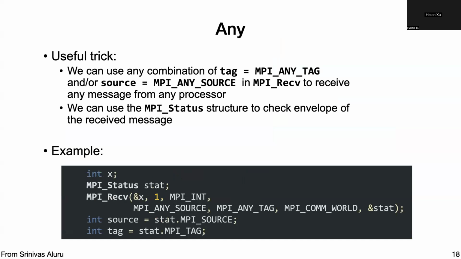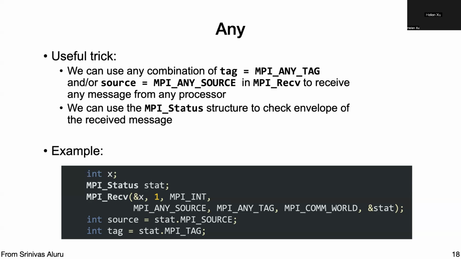If you don't care about the tag, you can use MPI any tag. There's also a corresponding MPI any source. So if you don't necessarily know where your message is coming from, you can pass in any source to receive from any other processor. And you can use MPI status to check the received message. This is status, and you pass it in as the last parameter into receive.